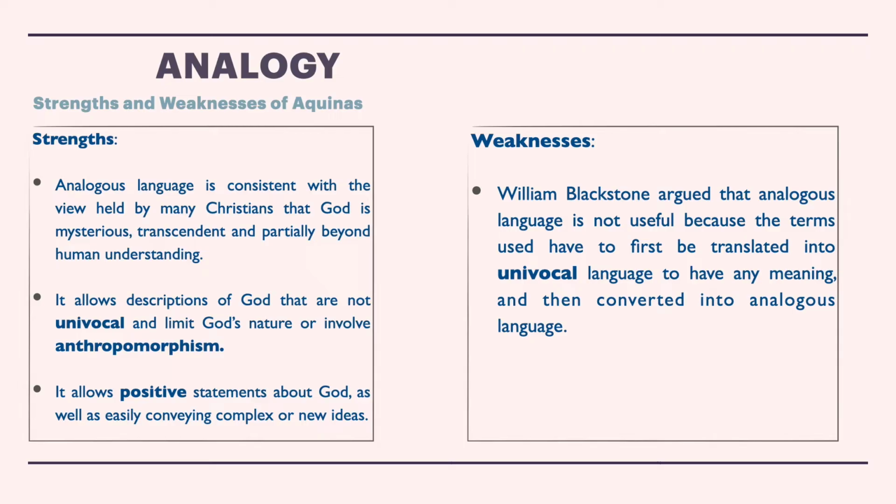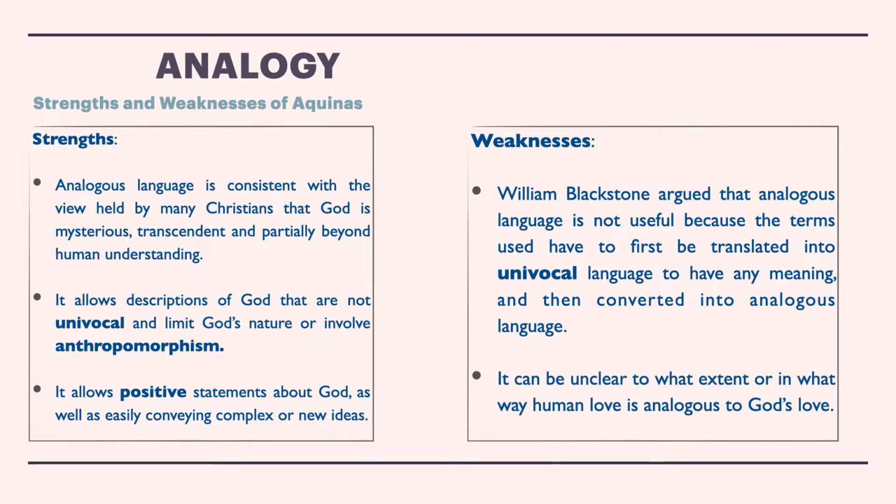So he doesn't really believe that it deals with the problem of univocal language as Aquinas hoped. He doesn't say this, but it also can be unclear to what extent or in what way human love is analogous to God's love. And so we're left still with an ambiguity despite using analogy.